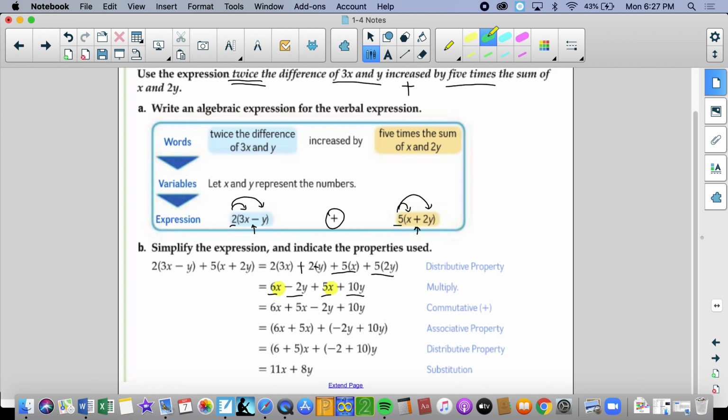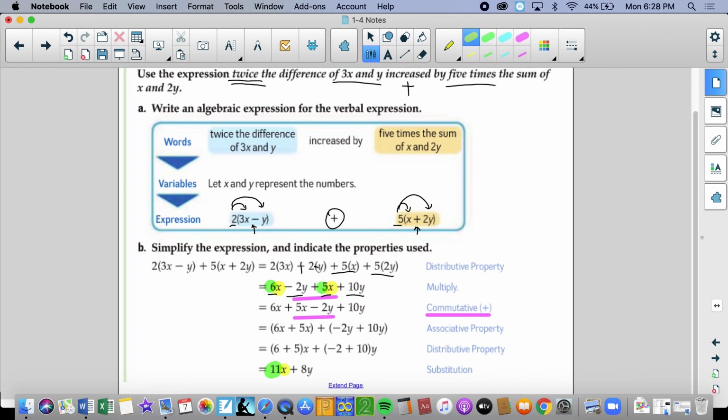Notice that we commuted the negative 2y and the positive 5x. They switched, flip-flopped, because we wanted the x's next to each other. But because it's addition and subtraction across there, we know that we can flip it. We can only use the commutative property if we have addition and subtraction across all of the terms. So 5x and 6x makes 11x. You see that?